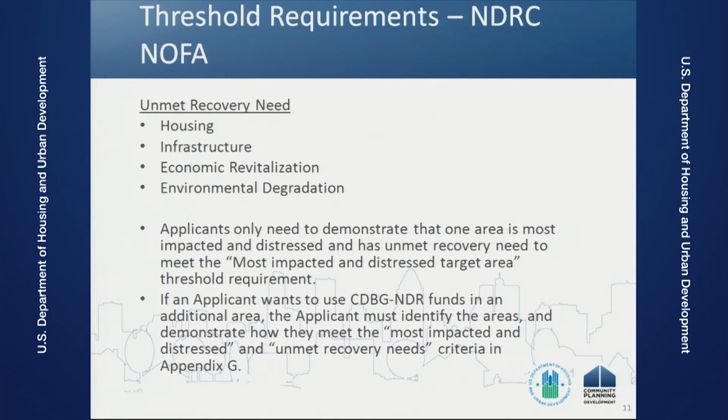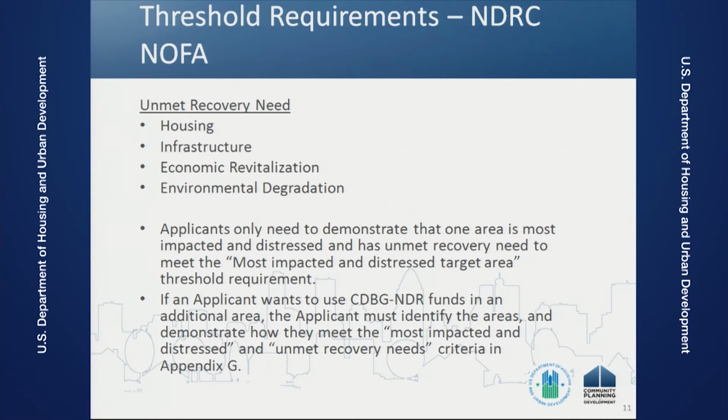The second component of the most impacted and distressed target area threshold is unmet recovery need. This is the requirement that the area identified as most impacted and distressed has unmet recovery need.